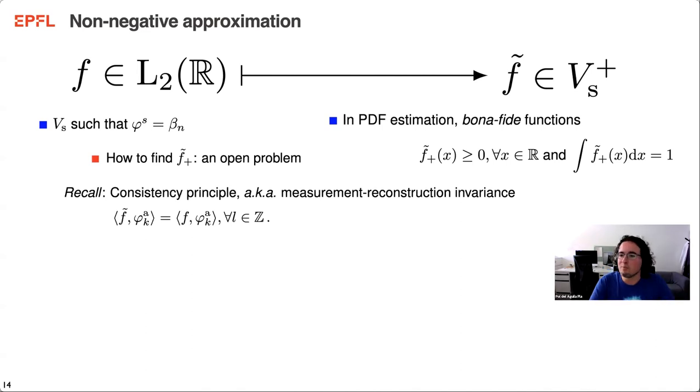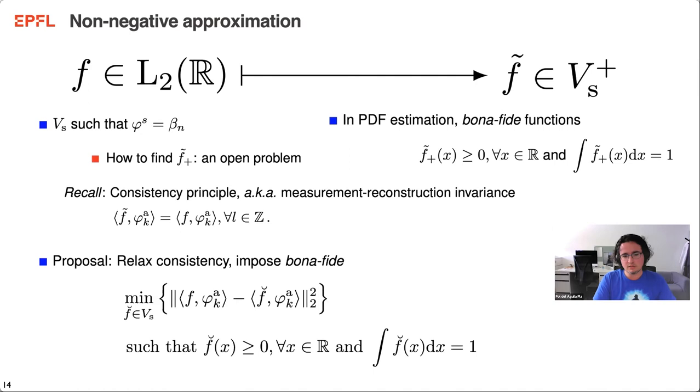So what we propose in our paper is to take this consistency principle that we had, so that if we measured our reconstruction or representation, we would get the same measurement as we initially got, and relax it a bit. So make it not a constraint, but an objective, and then constrain that cost function on the bona fide properties.